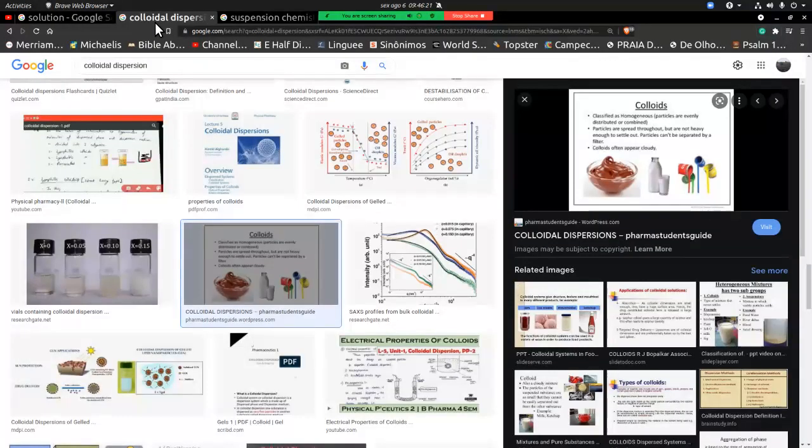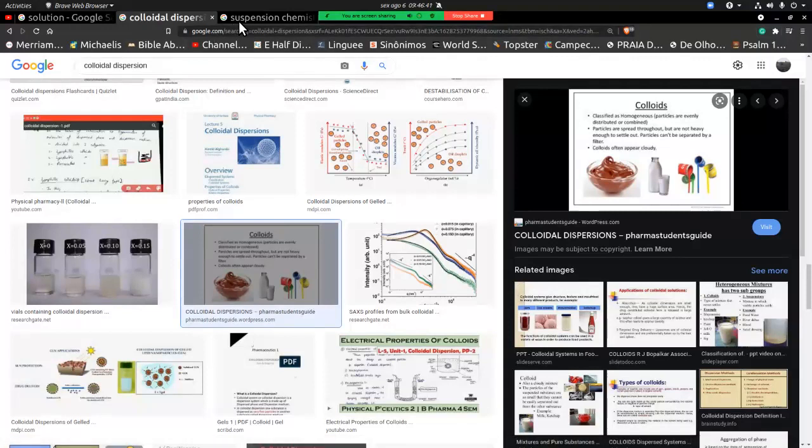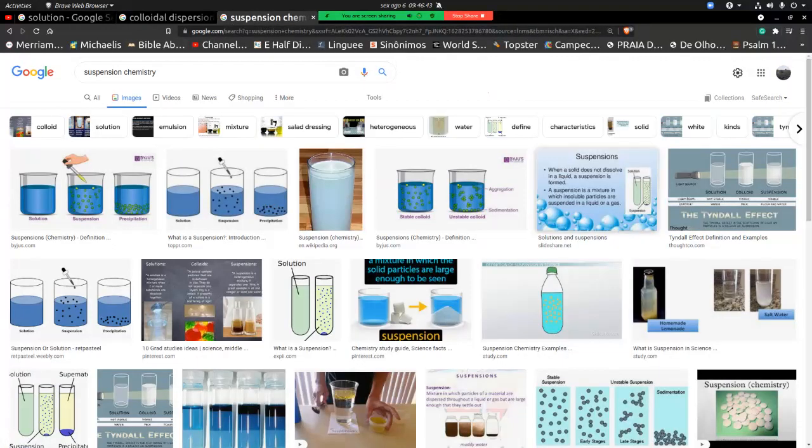A colloid is a homogeneous mixture where the particles are spread throughout but are not heavy enough to settle out, and they look cloudy. And the suspension is when the solid doesn't dissolve in the liquid, and so a suspension is formed.